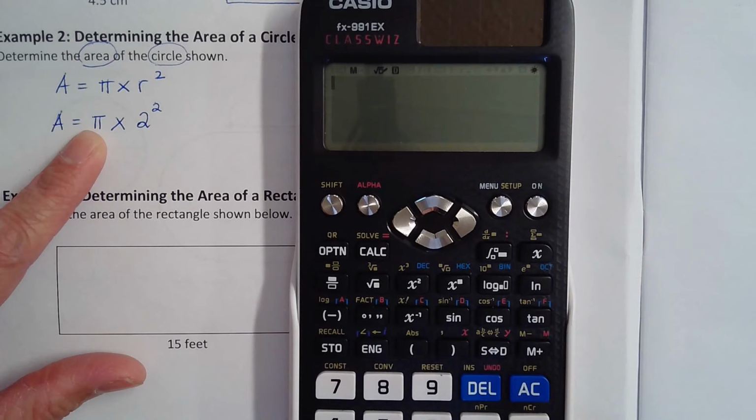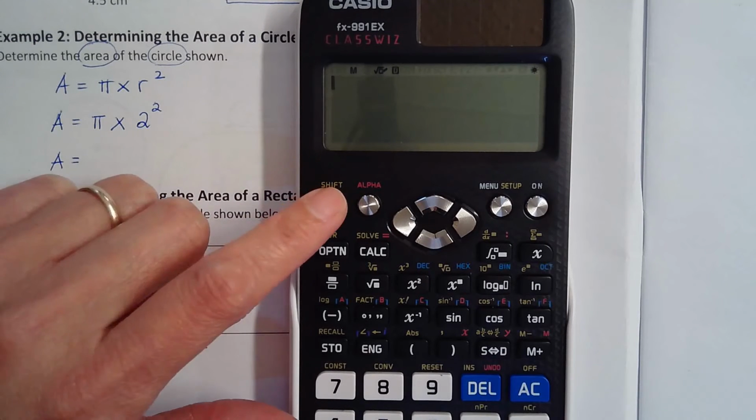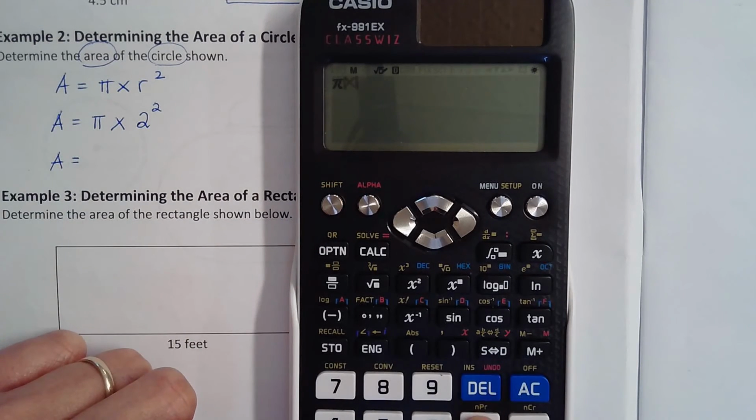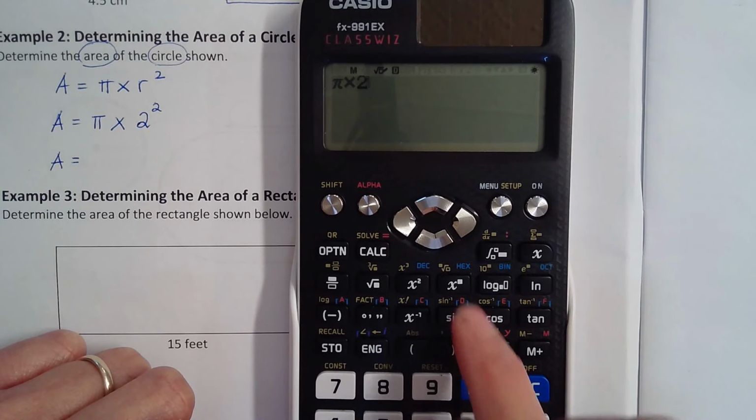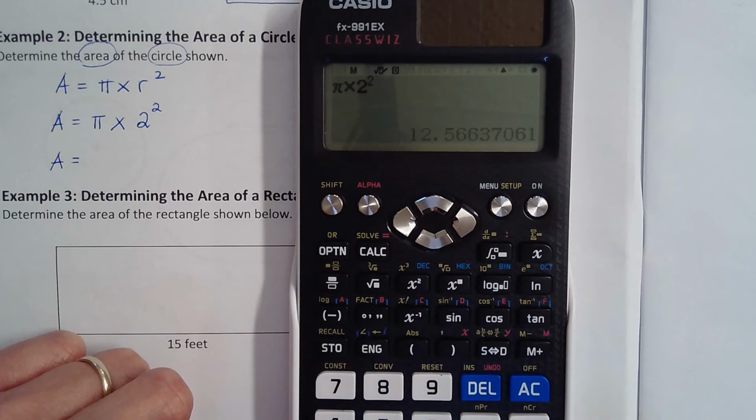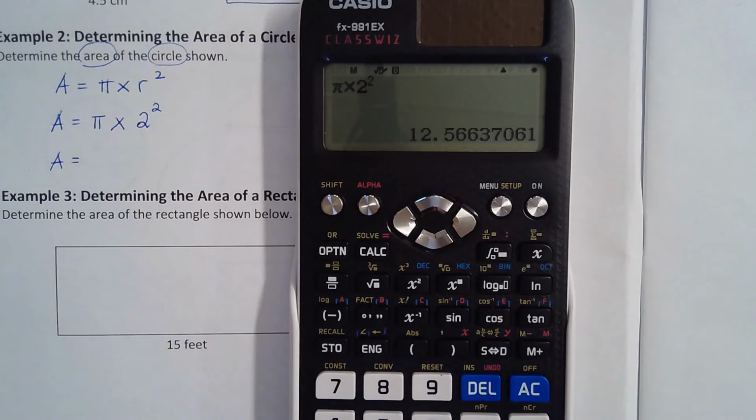Okay, so pi times 2 squared. Did you get 12.566?